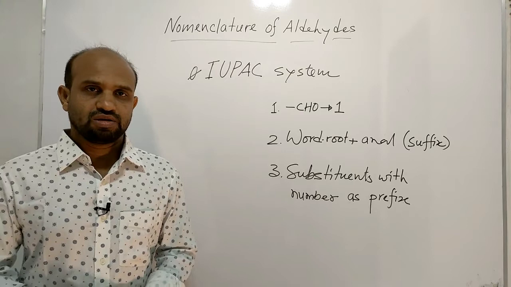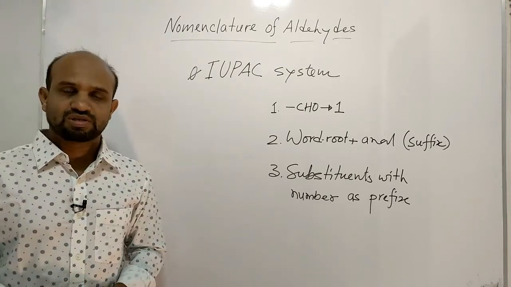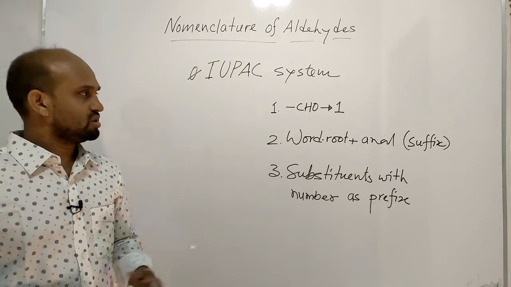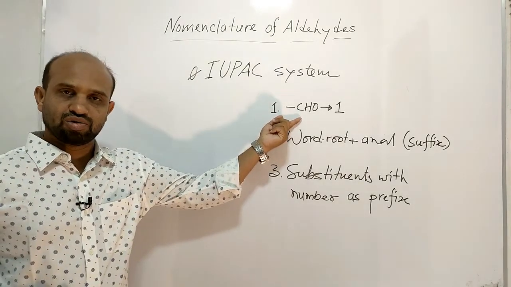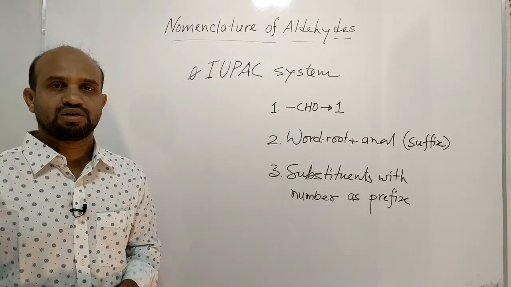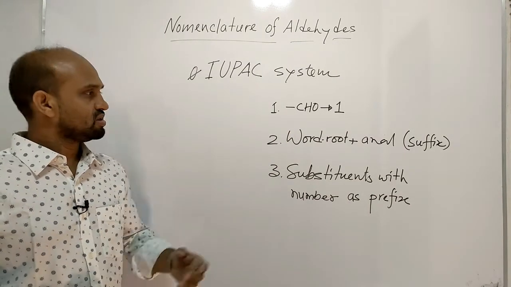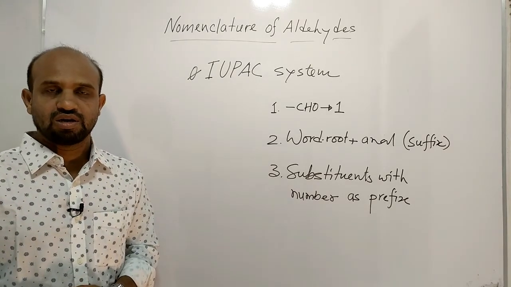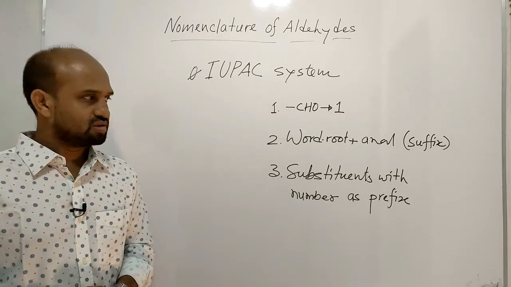Now the point is IUPAC system to name the aldehydes. The points to be kept in mind are: aldehyde group carbon must be expressed by number 1. Then word root plus anal as suffix.